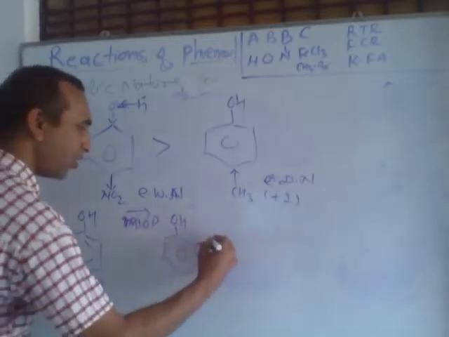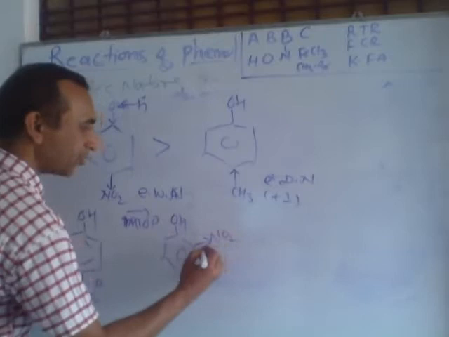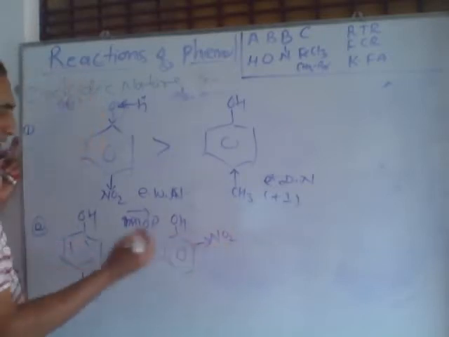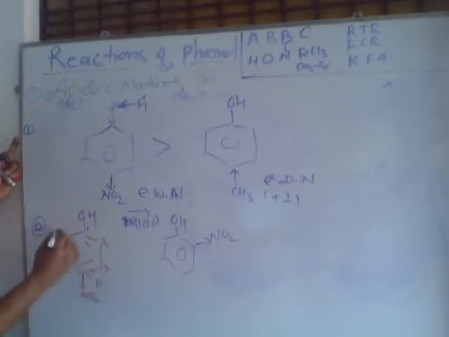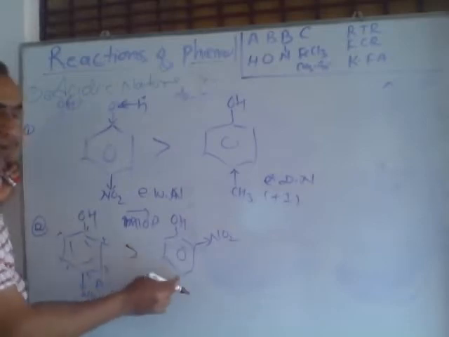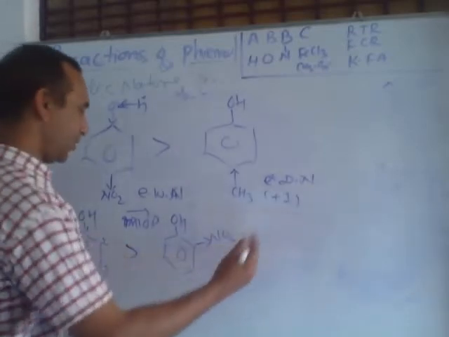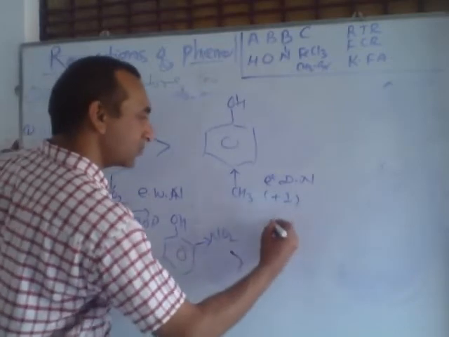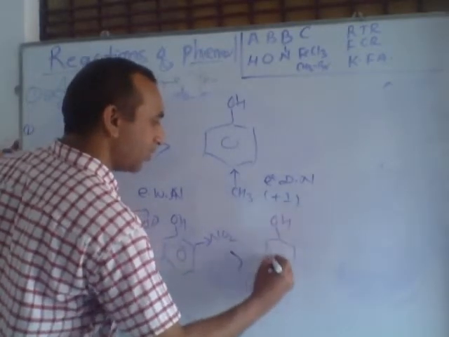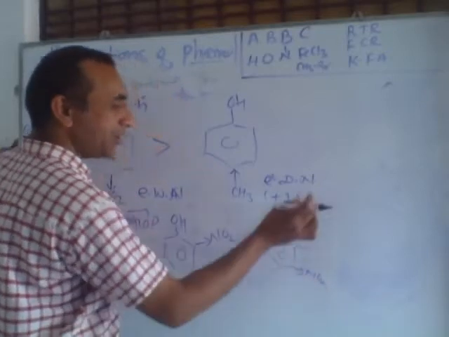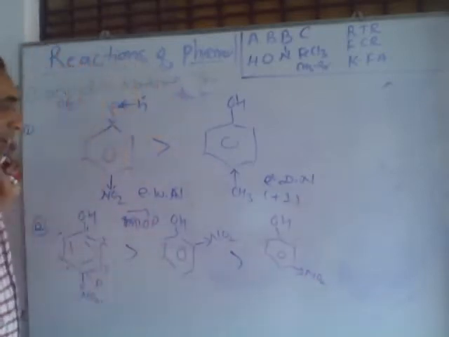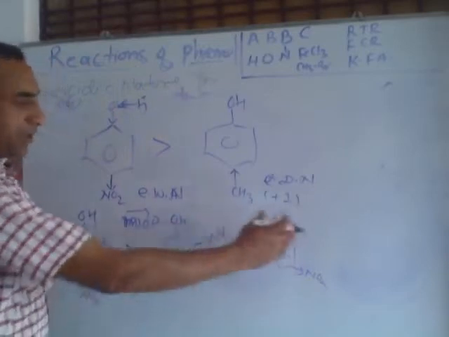O. If the electron attracting group is on the ortho position, 1, 2, 3, 4, 5, 6. So the second condition is ortho, meta, para. Para is stronger, ortho is less strong, and meta. If the group is connected on the meta position, this is the least acidic among all these three.